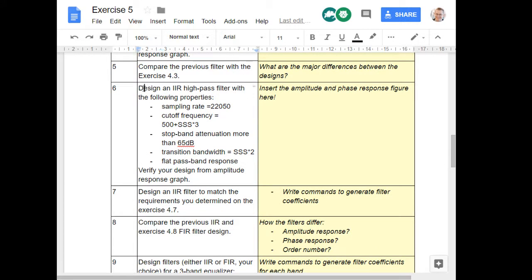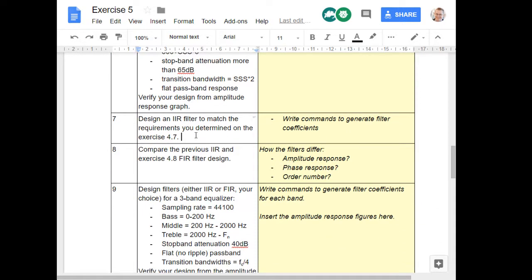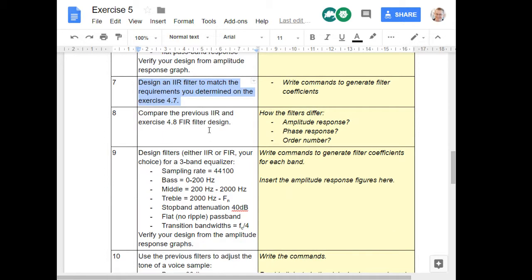Next is the IIR high pass filter. That's good, and then design an IIR filter to match the requirements of 4.7. Oh, okay. That's nice. So you would be doing some comparison again. So the same problem.